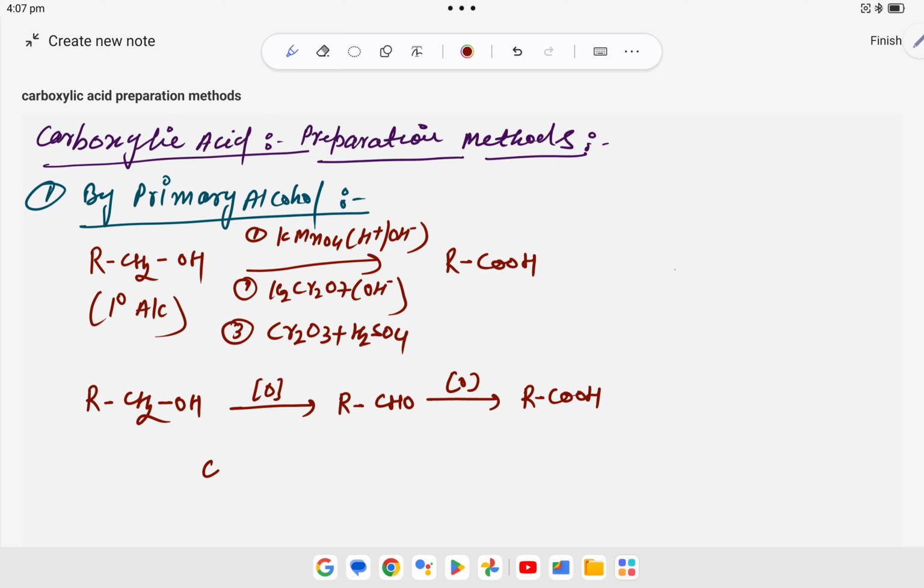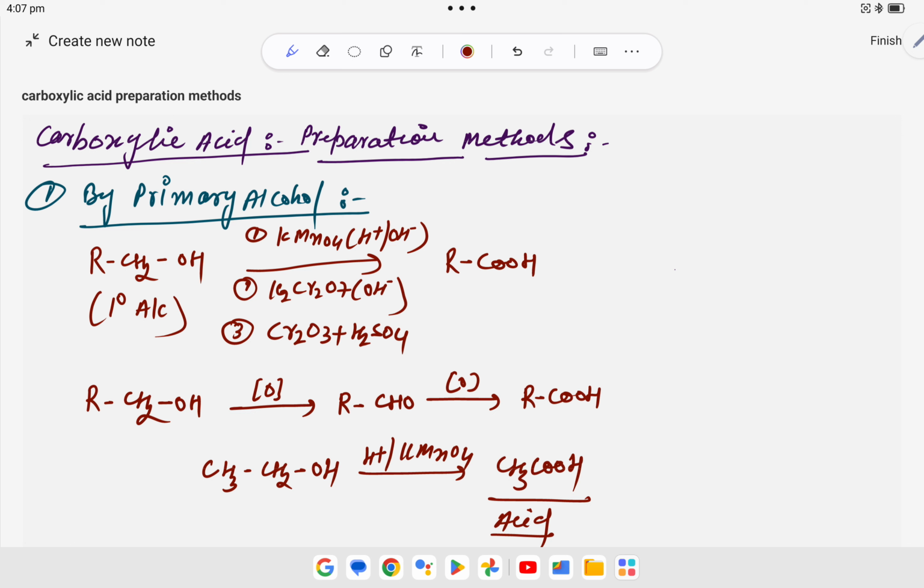One example: CH3CH2OH, 1 degree alcohol. If you are applying acidic KMnO4, or any one you can use, then CH3COOH, that acid, is formed.